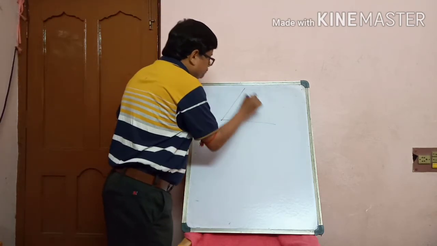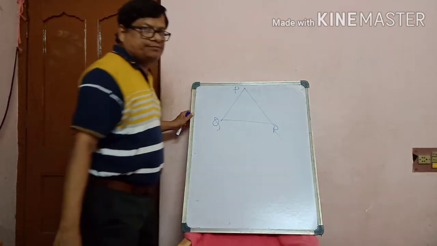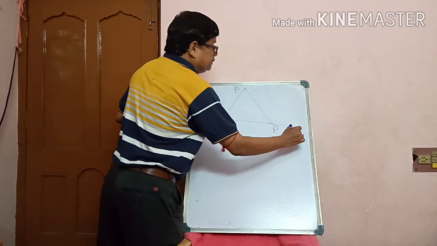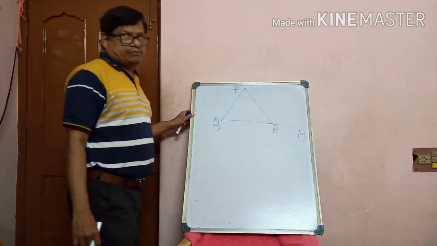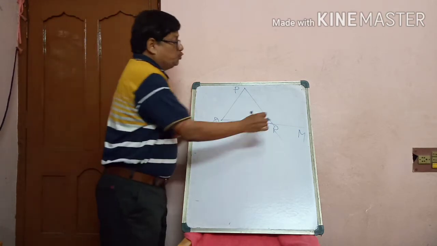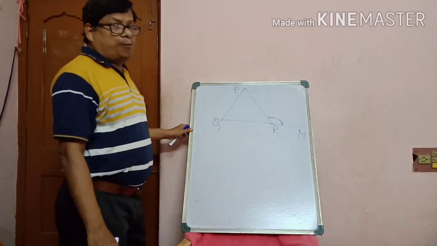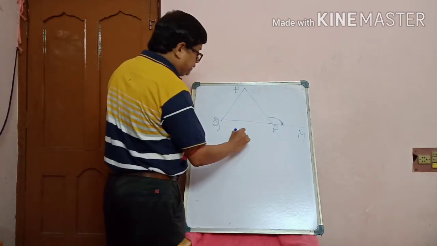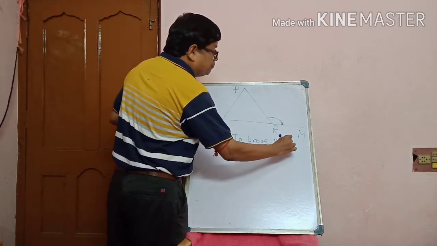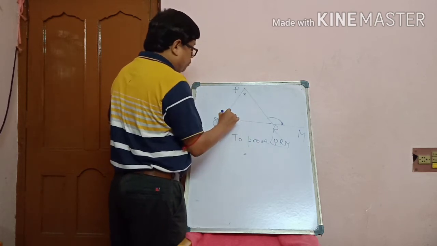Suppose PQR, look here, PQR is a triangle. We extend here. Suppose this is M. Now this is the external angle. We have to prove, to prove PRM external angle equal to the sum of two opposite internal angles, these two angles.